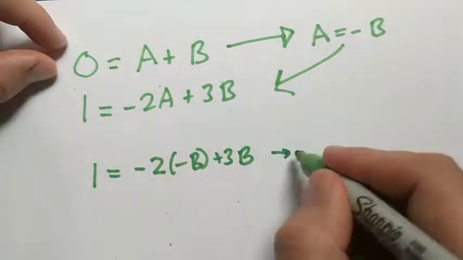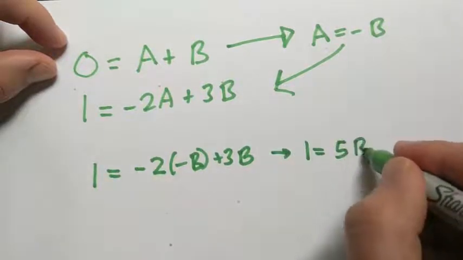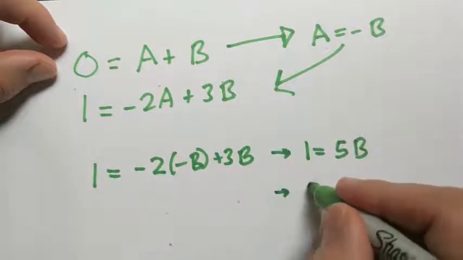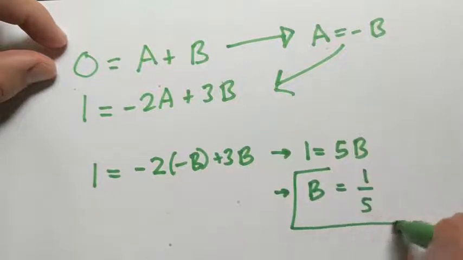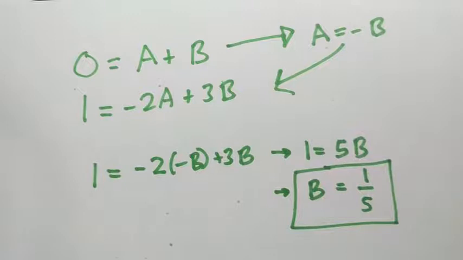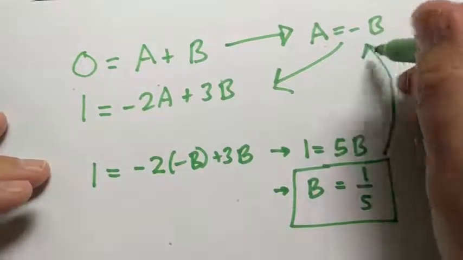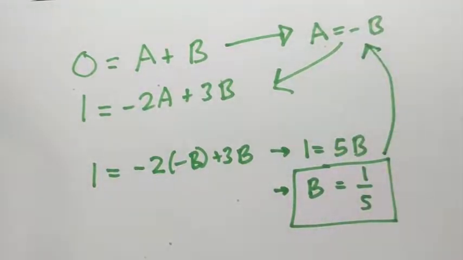And that gives me 1 is equal to 5b. So that means that b is equal to 1/5. And then going back to this relationship, that means that a is equal to negative 1/5.